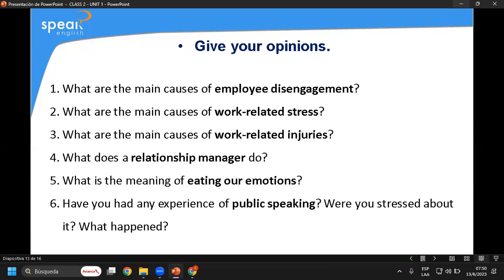Yes. Gastritis, migraine, even heart attack. Some people have suffered heart attacks in their job. So those are examples of work-related injuries.